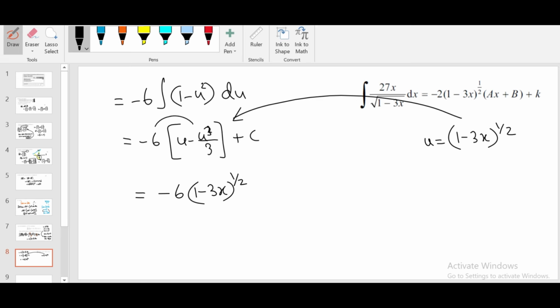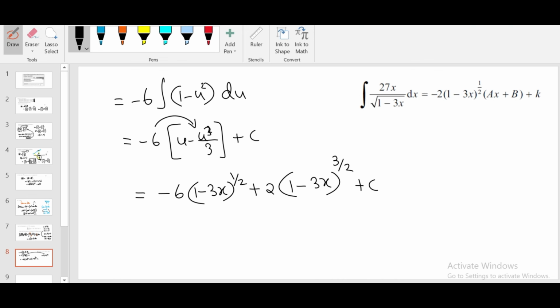When you multiply this and this, 6 and 3 can be cancelled. You get positive 2u cube. u is power 1 over 2, u cube is power 3 over 2, plus c. We need to take minus 2 as a common factor out, okay?